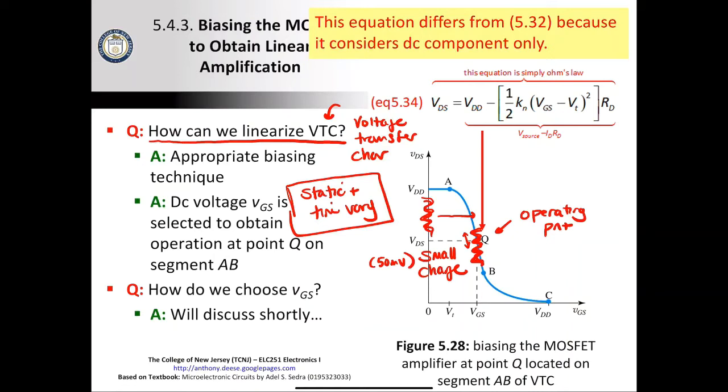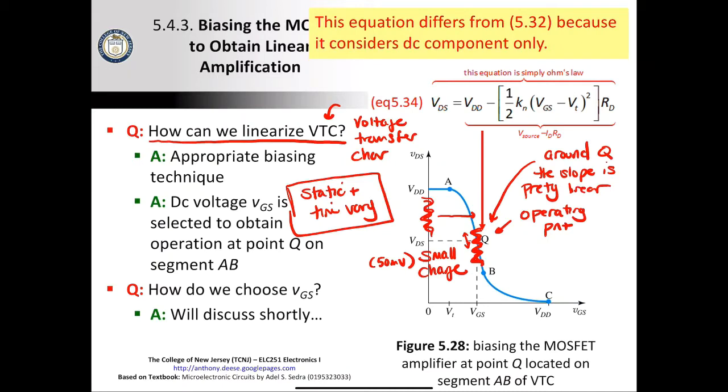And you can see here, right around this point Q, which is the operating point, they also call it the quiescent point. But we can go ahead and just call it the operating point. So right around the operating point, this is relatively linear.